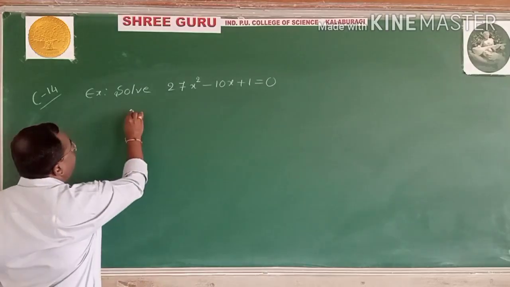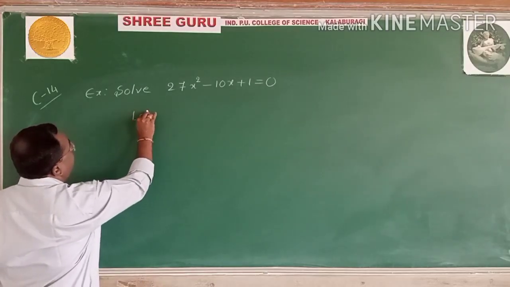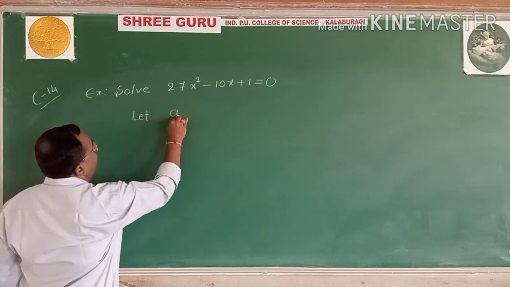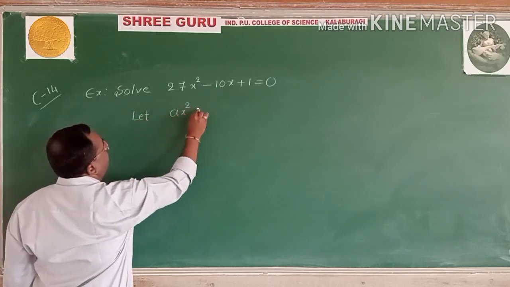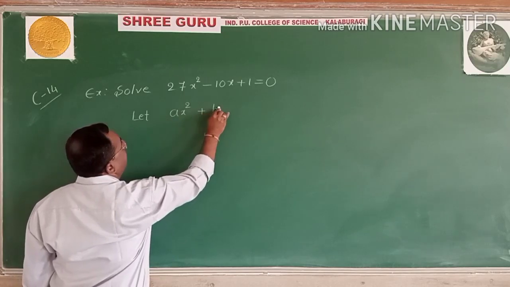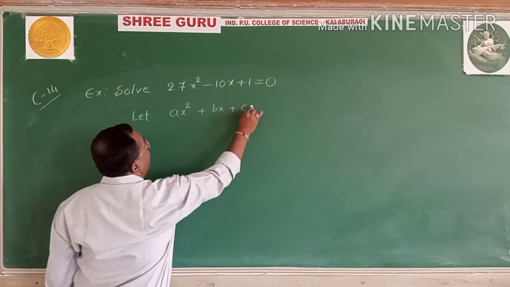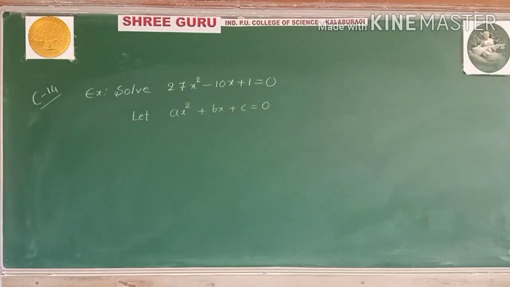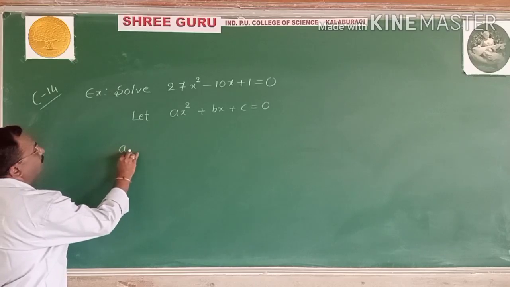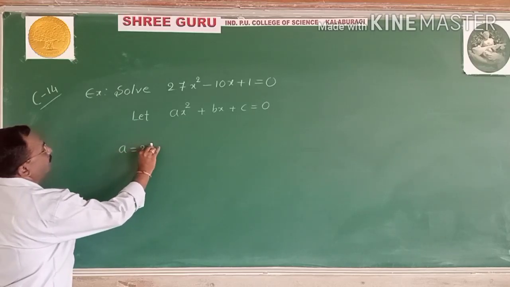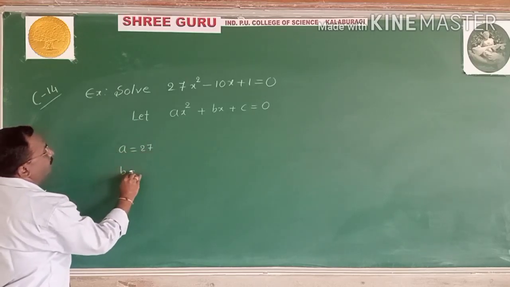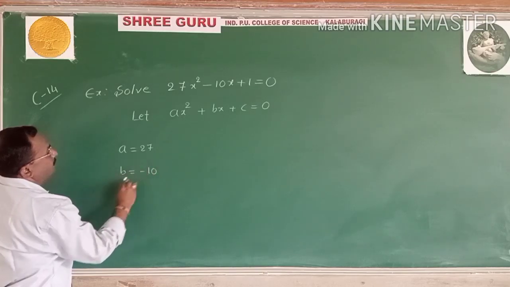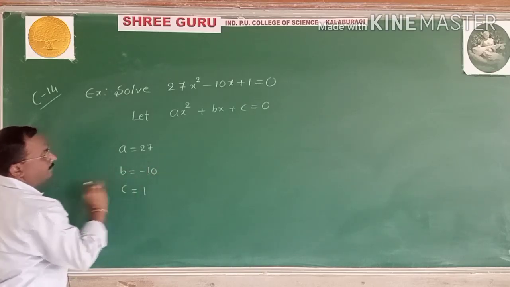Let ax square plus bx plus c is equal to 0. A is equal to 27, b is equal to minus 10, c is equal to 1.